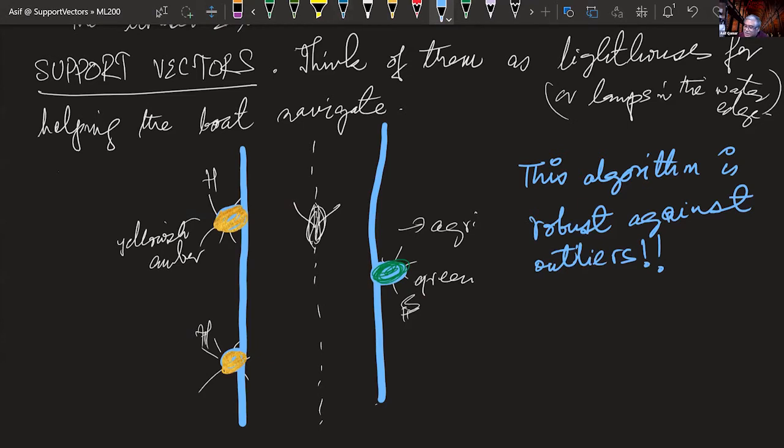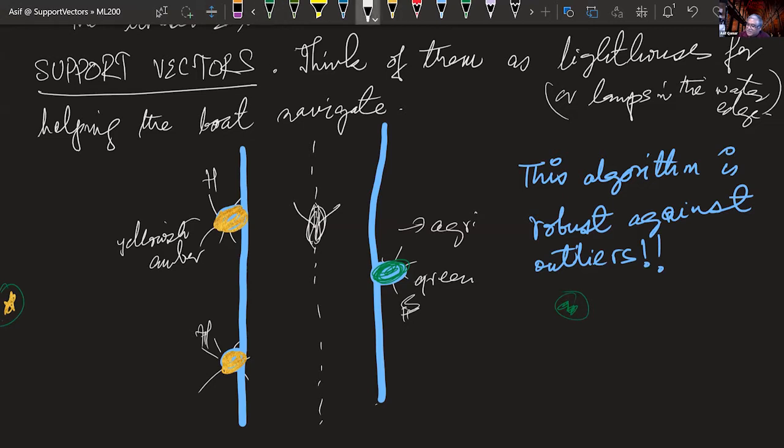So for example, suppose there are houses way out here and there are green things way out here. Do you think they matter, all of these things far away from the decision boundary? Do they really matter? They don't matter, isn't it? This house and this tree, they do not influence these outliers, right?